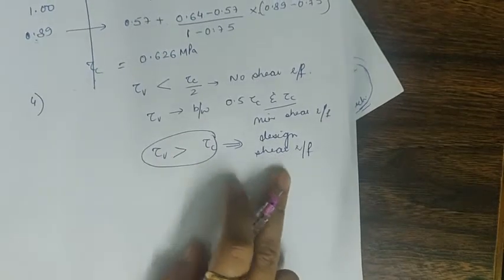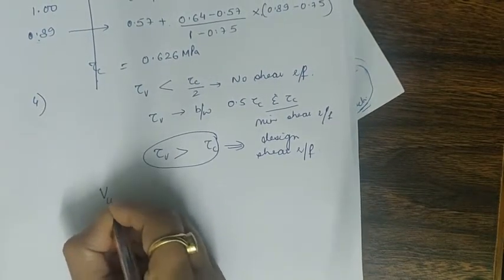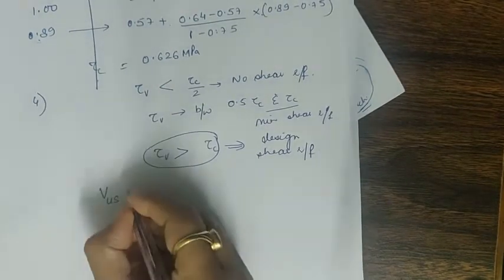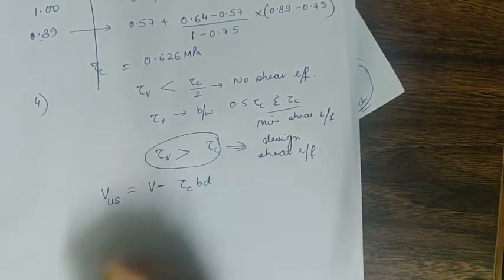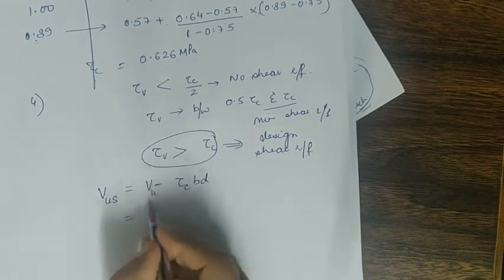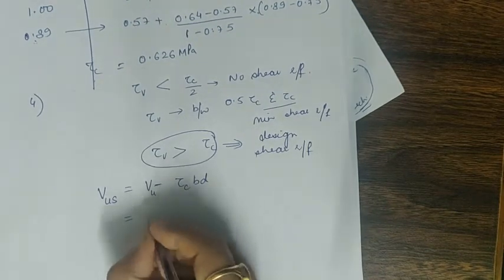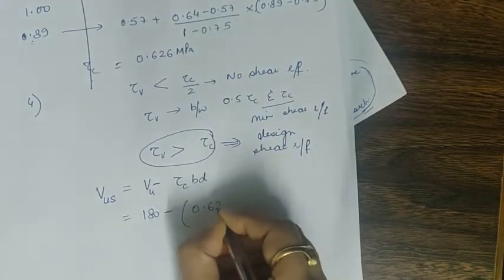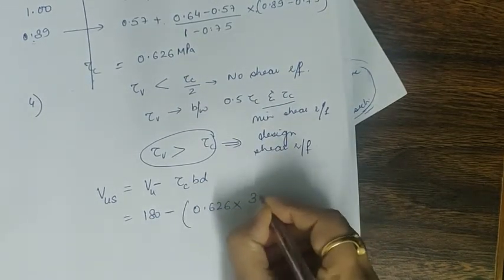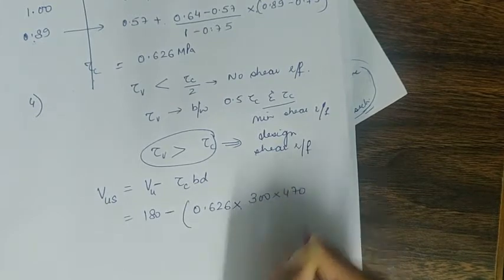Okay. And I'll have to design the shear reinforcement for the value of shear force as V minus tau C BD. V ultimate, we generally write it down as factored shear force. So this is 180. Tau C is 0.626. B is 300. D is 470.